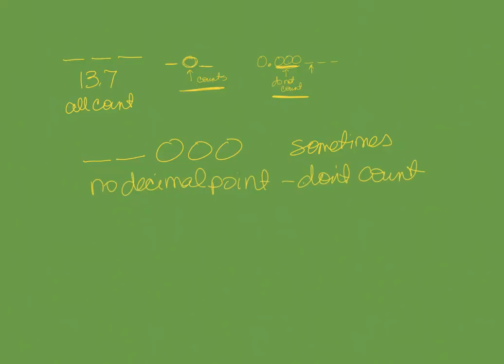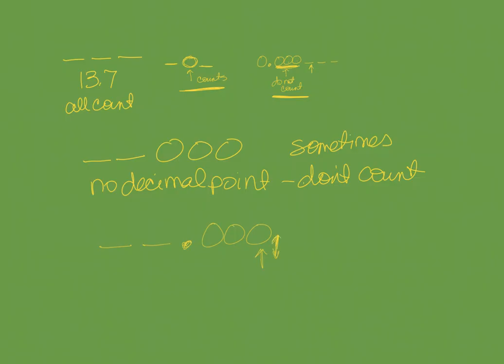If there is a decimal point, so if I have a number like this ending in 0.000, now I'm saying I've estimated to this. I have some measuring device that goes out to the thousandths place. This could be a milligram balance. And you'll see on a milligram balance that when you weigh something, a lot of times this number will fluctuate a little bit.